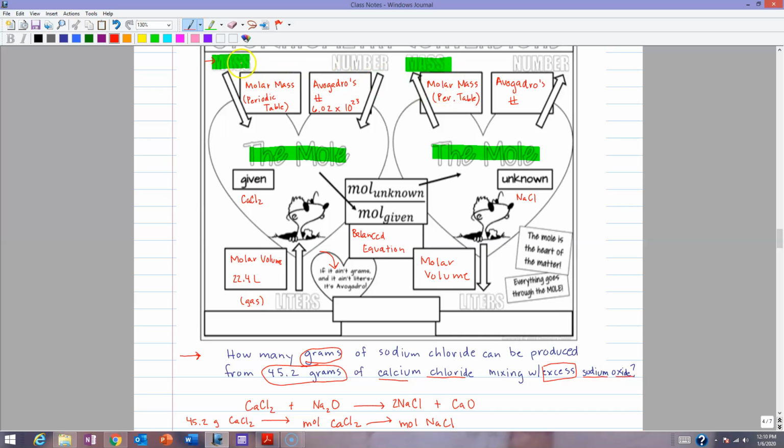And so most stoichiometry problems will follow this format, where we go from mass to moles of the given, from moles of the given to moles of the unknown, and then to mass of the unknown. So once I'm in moles of sodium chloride, then I can convert to grams of sodium chloride, which is ultimately what I want my answer to be in.